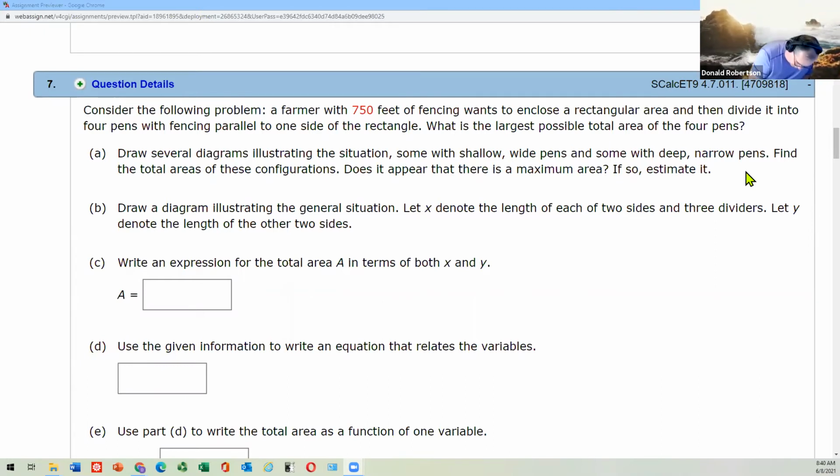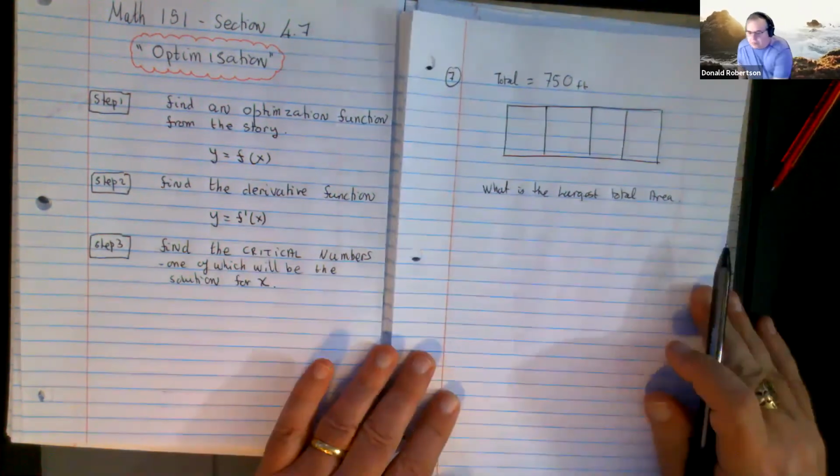And what is the largest possible total area? So I'm writing that down. What's the largest total area? In that question, they actually take you through the same types of steps I'm about to do, so I'm not going to call them A, B, C, and D. You can figure that out later. But that's the gist of what's going on.